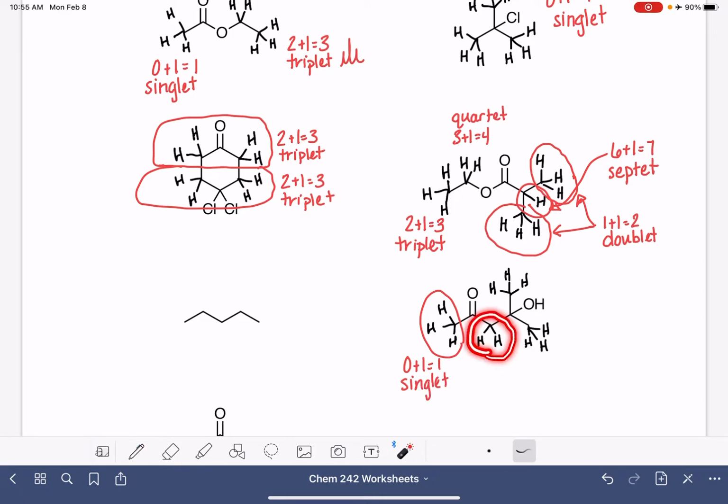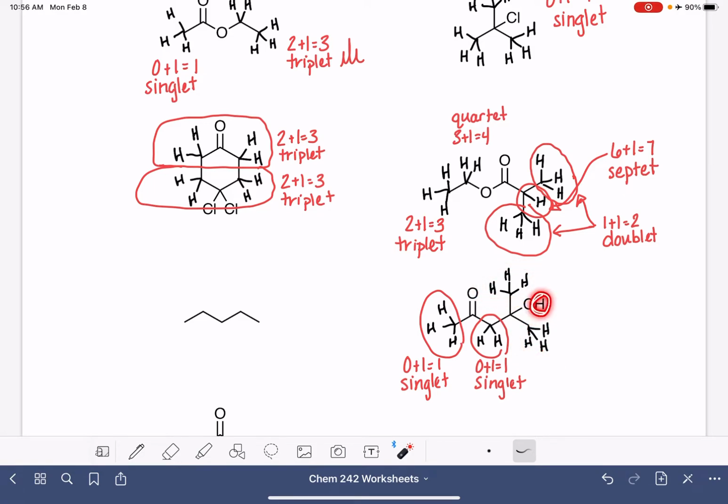These hydrogens right here are 1, 2, 3, 4, too far away from this. 1, 2, 3, 4, too far away from that OH. So these ones are also going to be a singlet. These hydrogens are equivalent to each other.